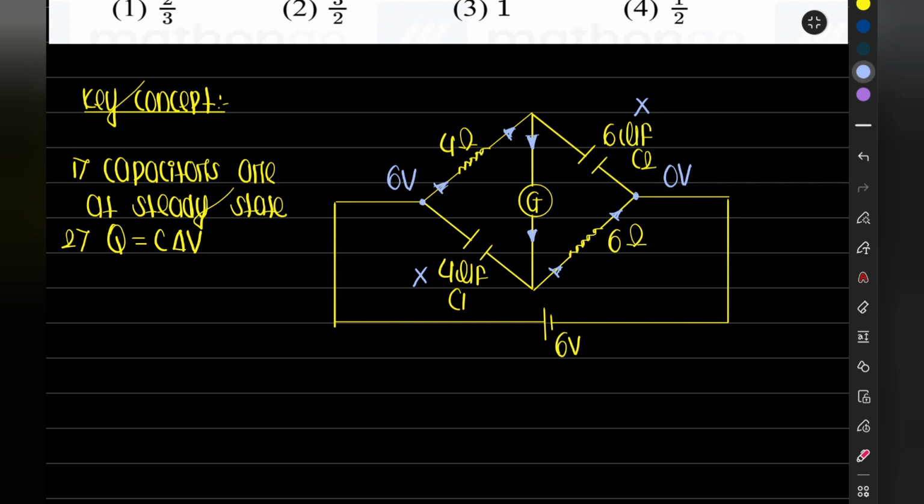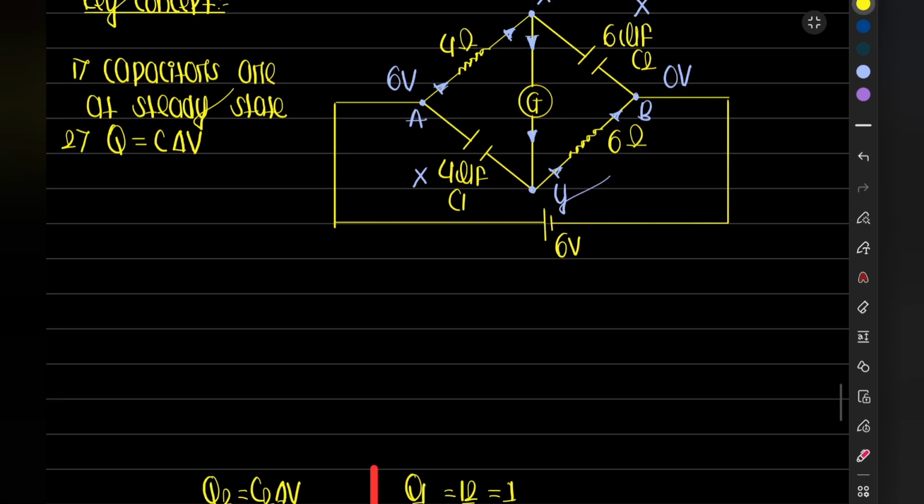Suppose I name this point A, this point B, this point X, and this point Y. So I will need the potential difference between A and Y, as well as between X and B. I have the potential at A and B, but I will need the potential at X and Y. So let's first find that value.